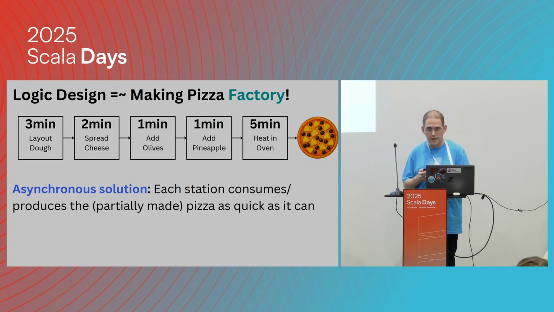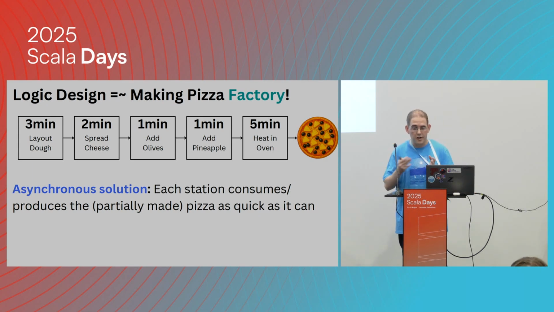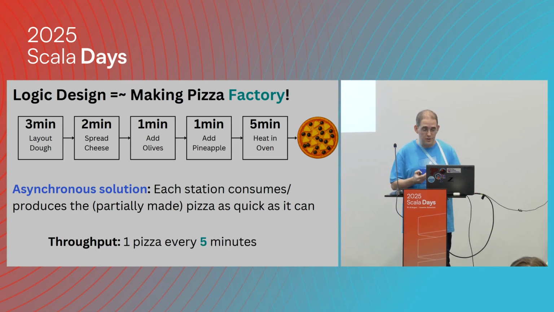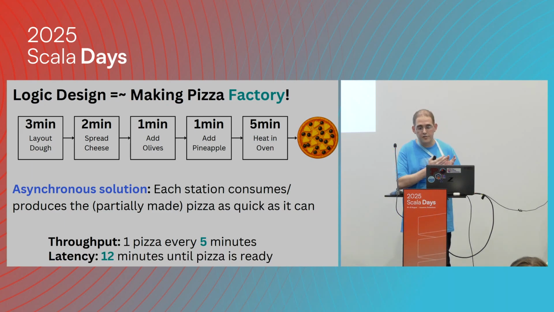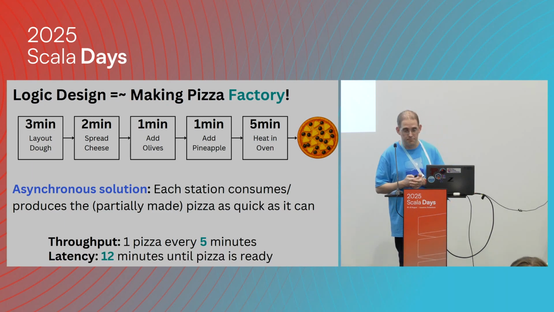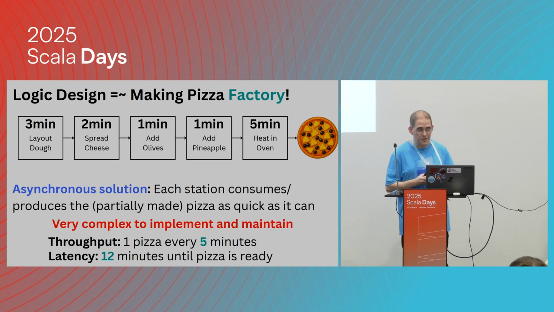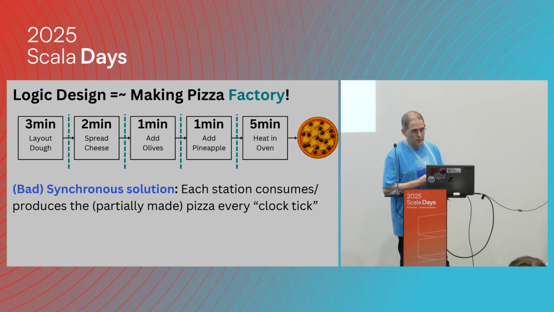If we go with the asynchronous solution, where each station consumes and produces the partially made pizza as quickly as it can, then the throughput is 1 pizza every 5 minutes, because that's the bottleneck of the longest part of the chain. But it still takes 12 minutes until that pizza is ready. But asynchronous design is very complex to implement and maintain, so let's skip over that.